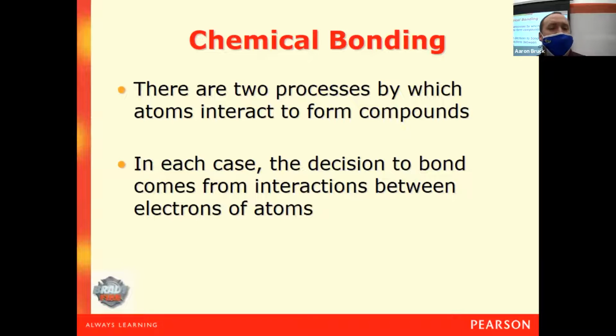But the way that they can happen comes from this idea that it is the electrons that are going to be interacting with each other. So if you recall from earlier this week, we drew that model of the atom and we put that little tiny nucleus in the middle and we surrounded it with that big group of electrons in that cloud around that nucleus.